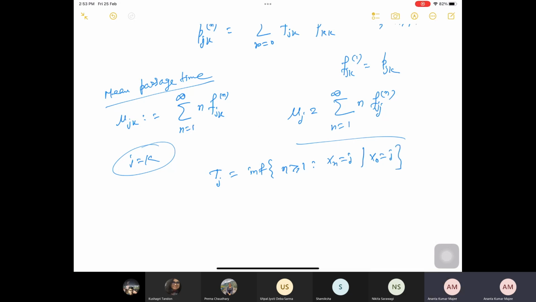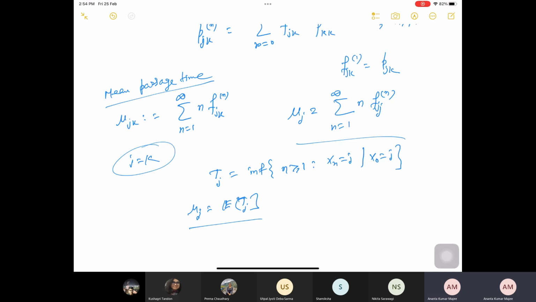Okay, so now this T_j is basically the first time it visits state j, starting with state j. So mu_j is the expectation of T_j. So T_j is the expected return time of the chain to state j, always given that the chain started from state j. So start with state j. What is the expected return time to state j? That is given by mu_j.